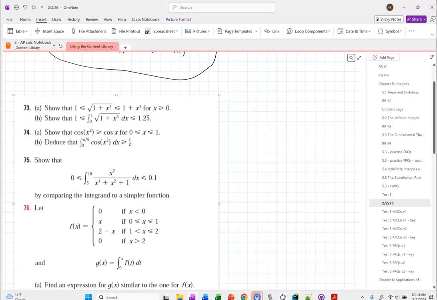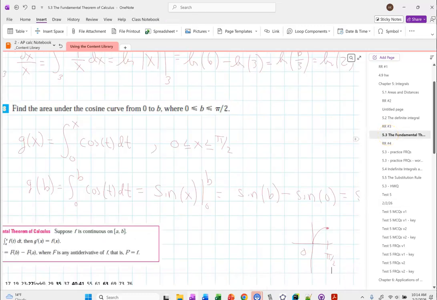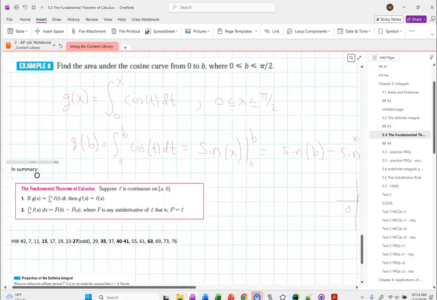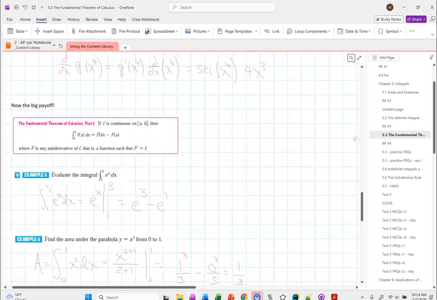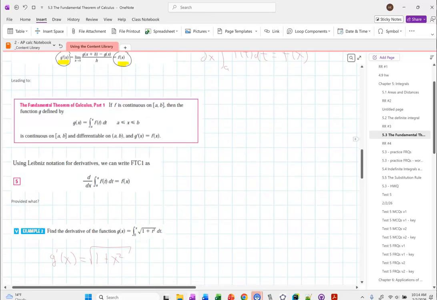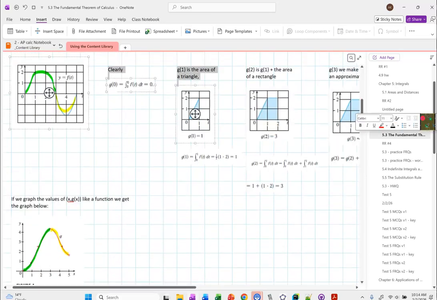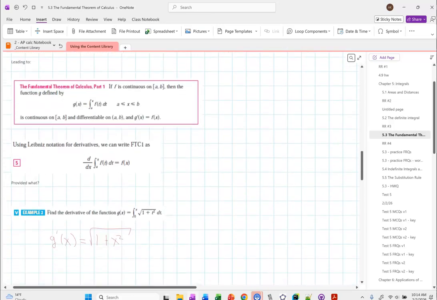So the idea with 73 is I would be using, just find the thing that I want. Here's what I'm looking for.